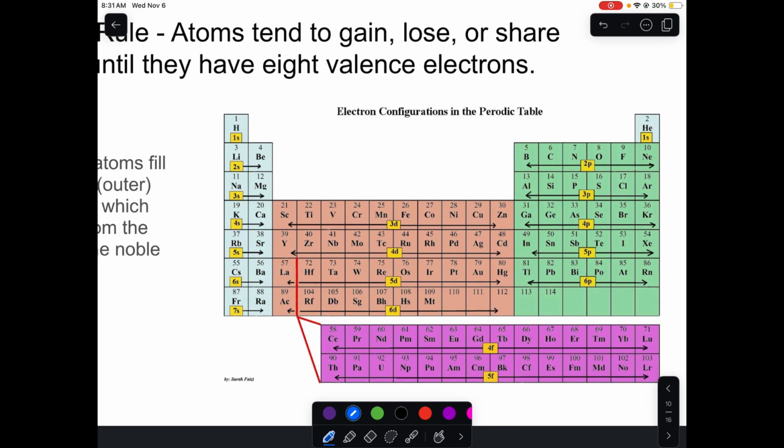Atoms are trying to get over here. So the losing or the gaining of electrons allows them to become noble, to have 8 valence electrons in their outer energy level, in their outer shell, if you will.